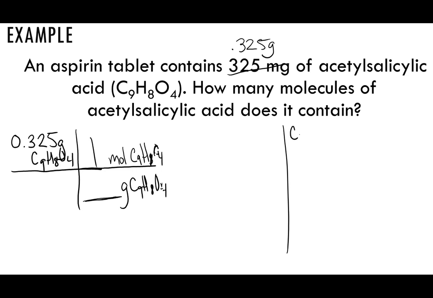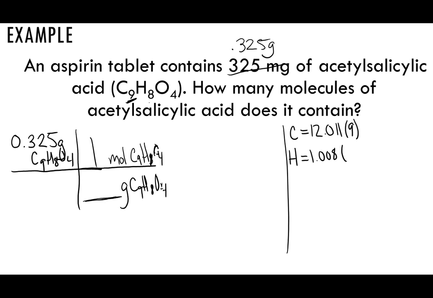So carbon, molecular mass for carbon, peek at your periodic table, 12.011. And I'm going to multiply that by 9 because there's 9 of them. Hydrogen, peek at your periodic table. The molecular mass for hydrogen is 1.008.